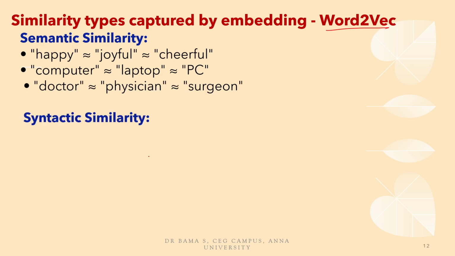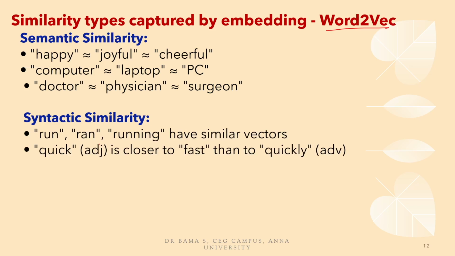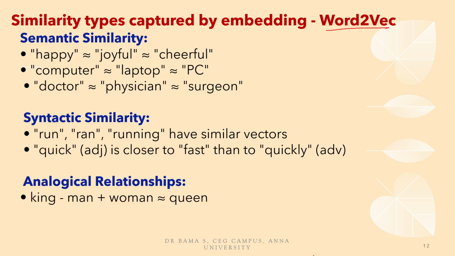For the syntactic similarity that was a problem with cosine or TF-IDF, here we can have similar vectors like run, ran, running. These can have similar vectors because adjective is closer to fast than to quickly. Analogical relationships like king, man and woman, queen can also be captured using word2vec.